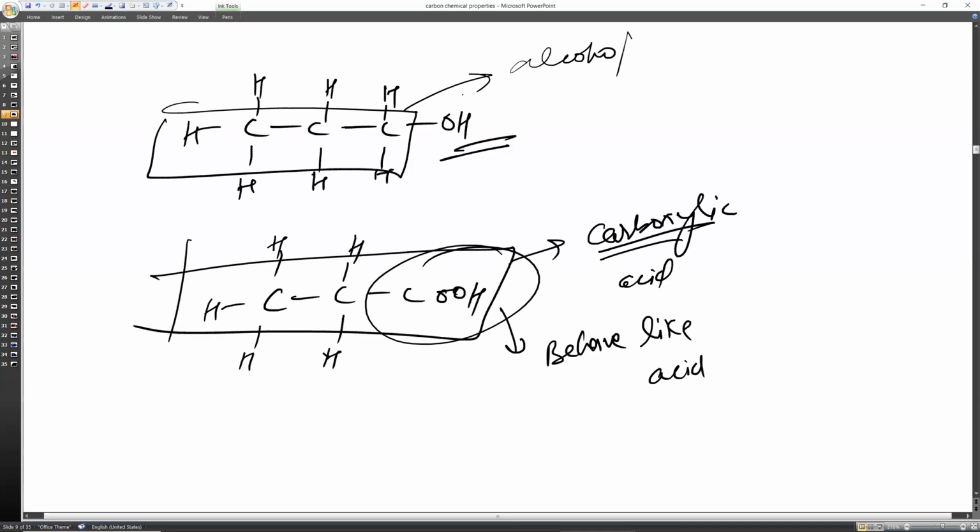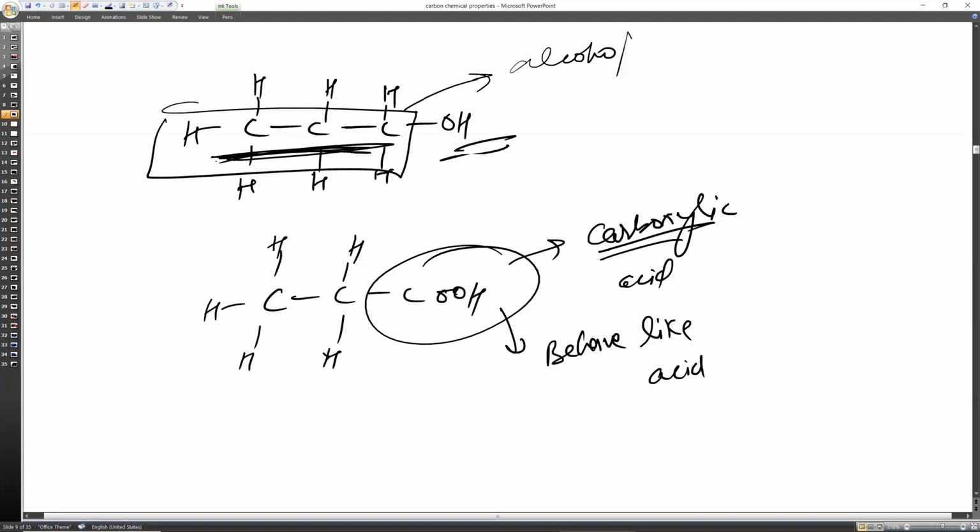So we'll say that these atoms or groups of atoms, which we are calling functional groups, are just changing the physical as well as chemical properties of this hydrocarbon chain.